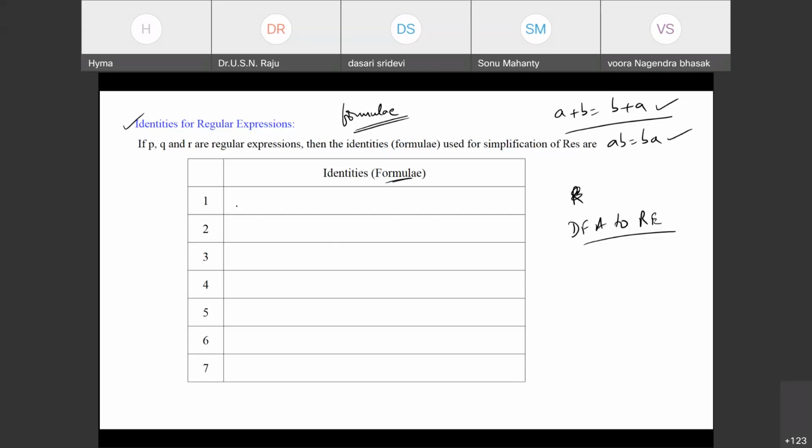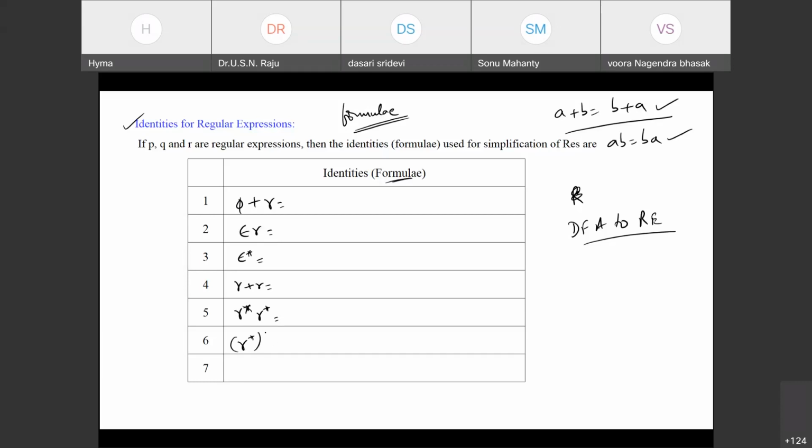First, epsilon plus R. Then epsilon R. Epsilon star. R plus R. R star concatenated with R star.